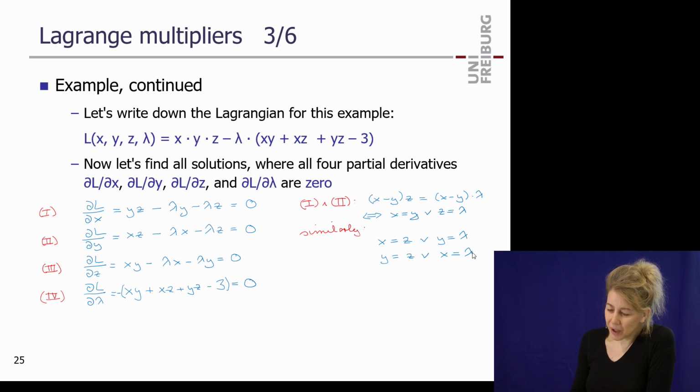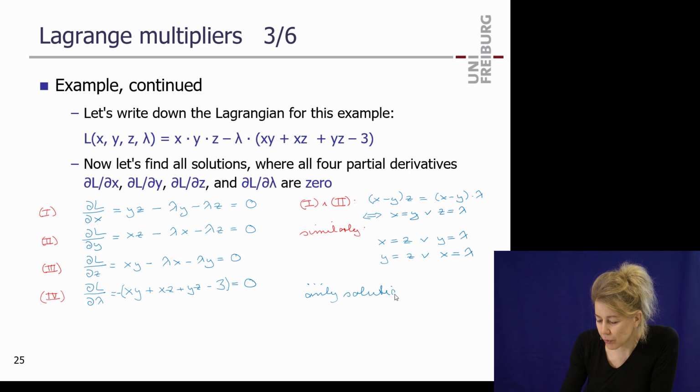And I don't think I will finish this in all details now, because you can do it as an exercise. There's only one solution here. It's a bit more fiddling around, but not much more.